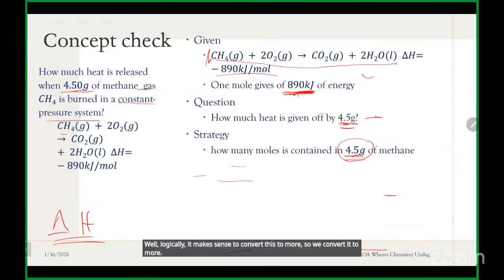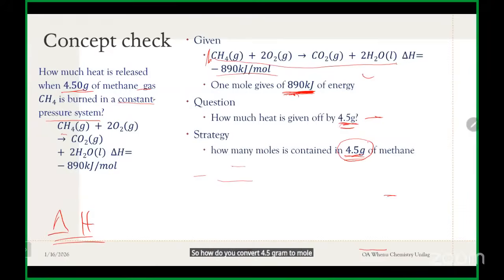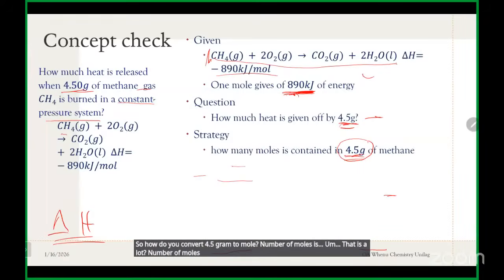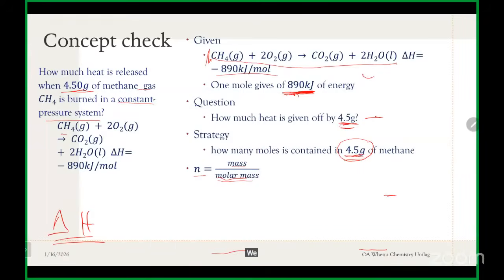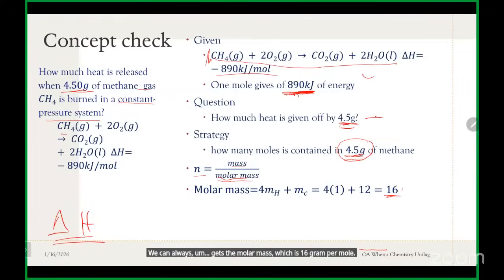So how do you convert 4.5 grams to moles? Number of moles is mass over molar mass. We know the identity of what we are working with, so we can always get the molar mass, which is 16 grams per mole.